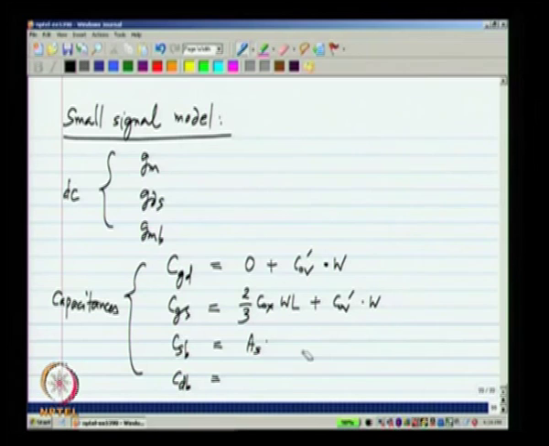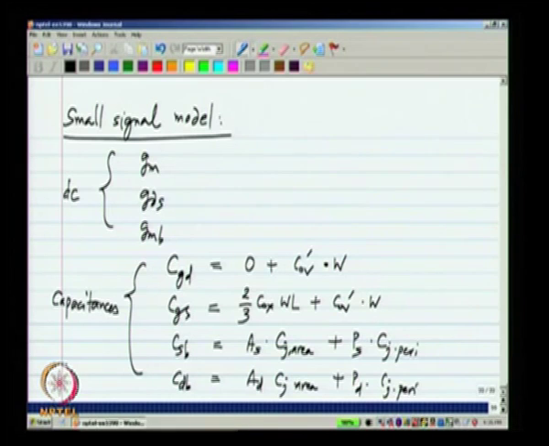Maybe to explicitly mention that, I will say Cj area, plus the perimeter of the source junction times Cj perimeter, and CDB will be the area of the drain junction times Cj area. Because the junctions are of the same type, the same Cj area applies to both CSB and CDB, plus PD times Cj perimeter.